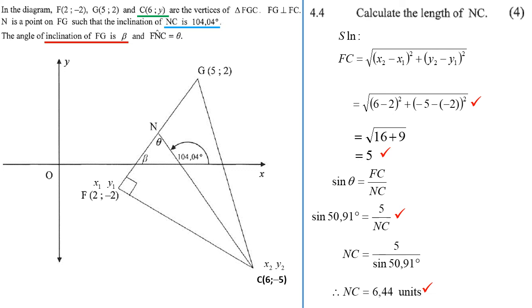How hard is that? Very simple, ladies and gentlemen. This will mark the end of this question. So it means in this question paper you actually have these two questions testing analytical geometry skills.